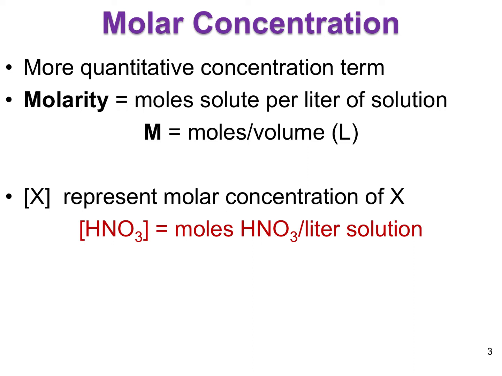A chemical formula enclosed in square brackets is the representation for the molarity of a solution with that particular chemical species as the solute. For example, HNO3 in square brackets indicates that the molarity of nitric acid is desired in moles HNO3 divided by liters of solution.